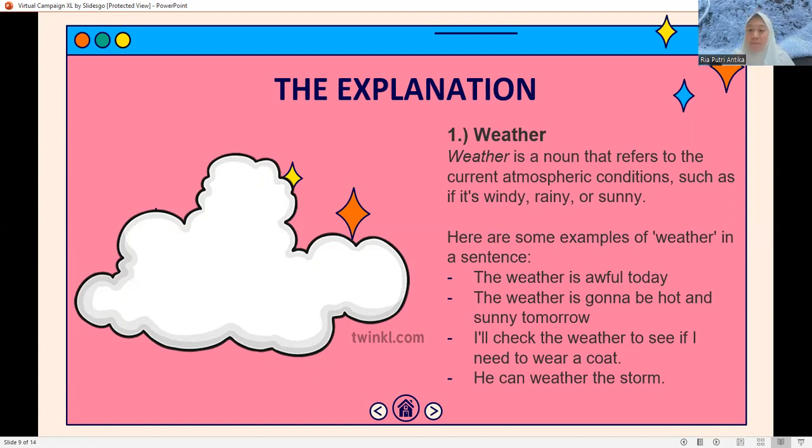The first is, the weather is awful today. And the weather is going to be hot and sunny tomorrow. It's unpredictable. And the third, I'll check the weather to see if I need to wear a coat or not. And the last, he can weather the storm.